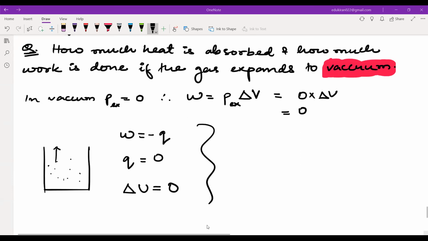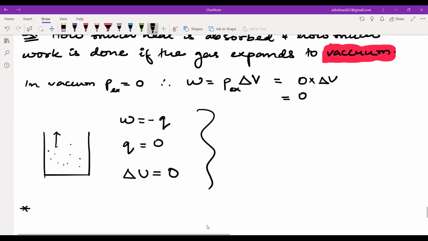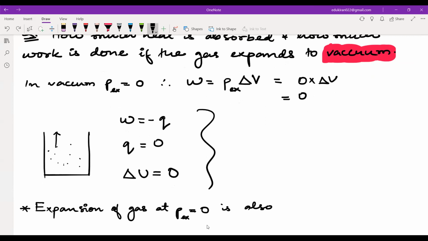Also, those who have written this till here, you can write one more point. Expansion of gas at P external equal to 0 is also called free expansion.